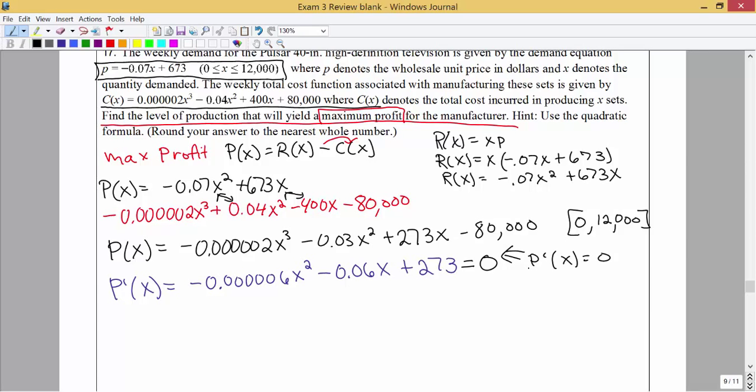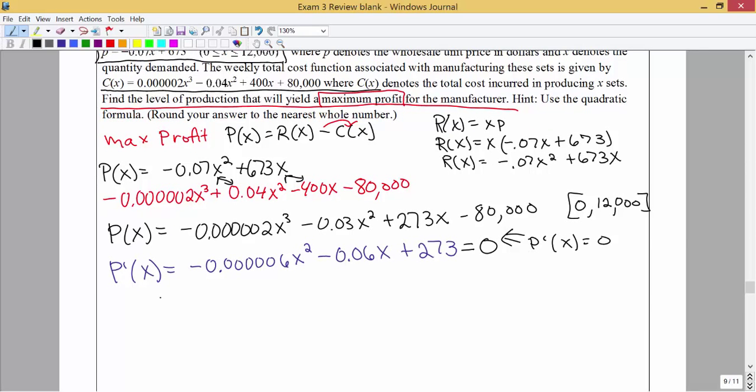Okay. In order to solve this equation, we're going to need to use the quadratic formula. So it will be x is equal to, and remember that this is our a, this is the b, and this is the c.